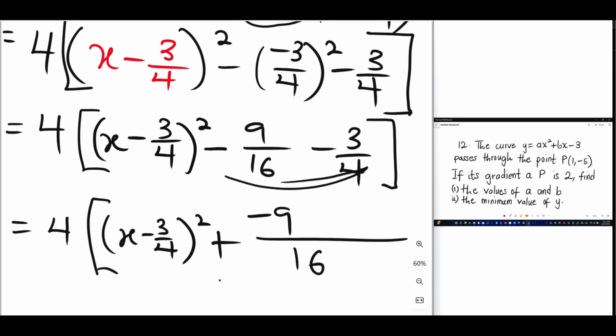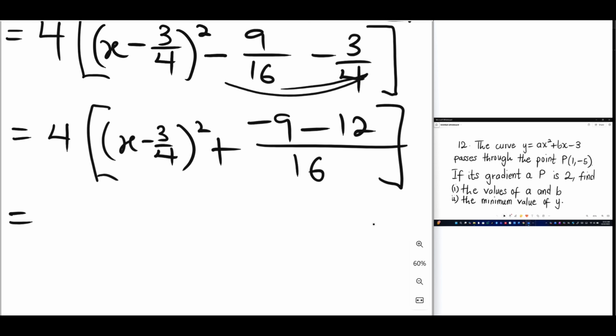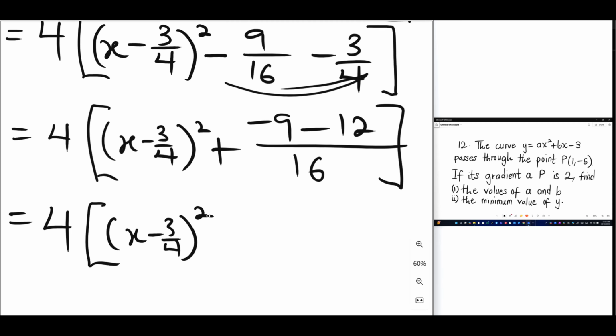Now 16 divided by 4 is 4, times negative 3 gives negative 12. So we are going to get 4 multiplying x minus 3 out of 4, in bracket squared. Then the same 4 will be multiplying negative 21 divided by 16. Then we close it nicely.